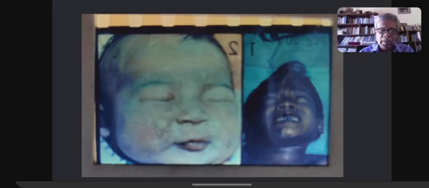And that causes this appearance, as if the child is grinning, and with the mouth closed, the grin. So this is a sign of tetanus. As you know, trismus, or inability to open the jaw, is the main presenting physical sign for most people.